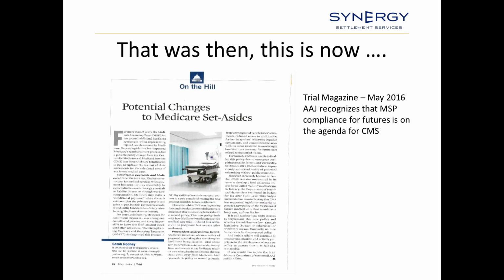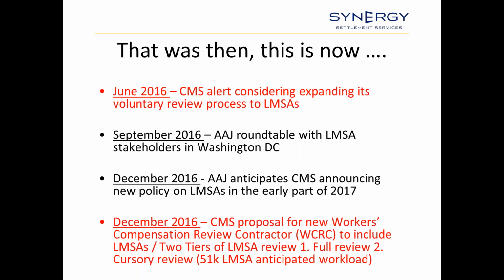So last year, the AAJ recognized that Medicare was pushing an agenda to address set-asides. And then late last year, CMS sent out an alert that it was considering expanding its voluntary review process for liability set-asides, which most of the regional offices have refused to review.